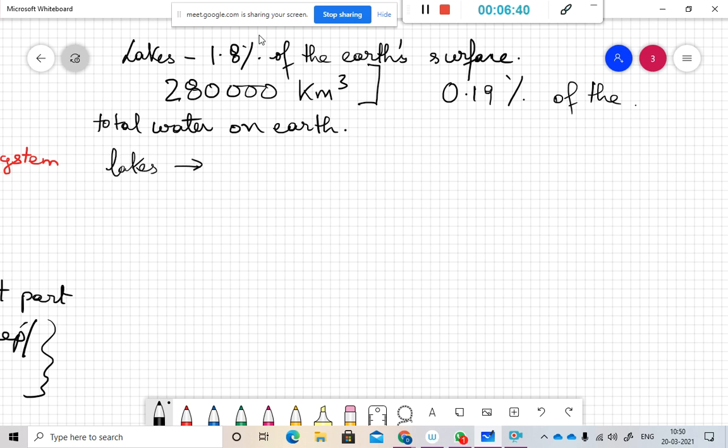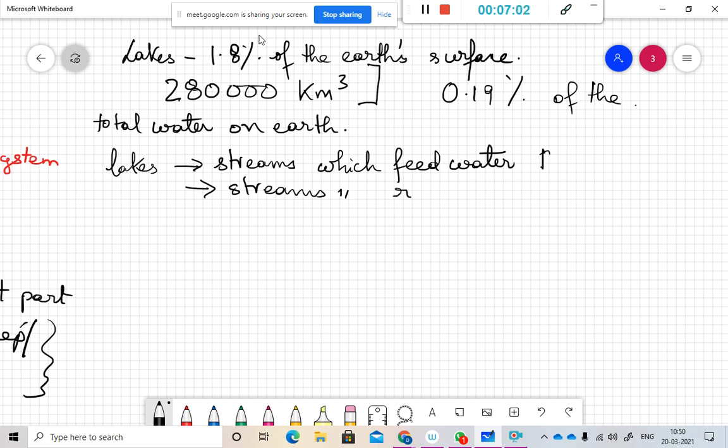Lakes may have small streams which feed water and small streams which remove water.